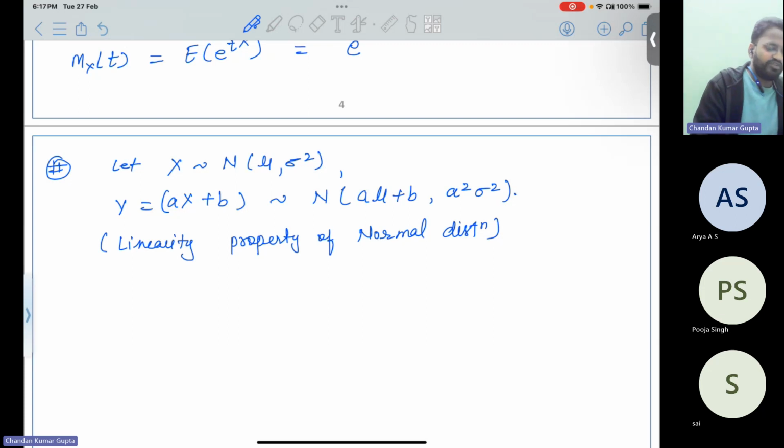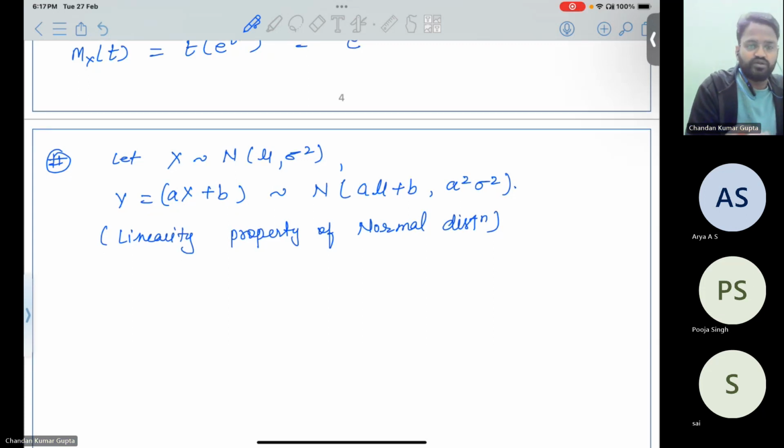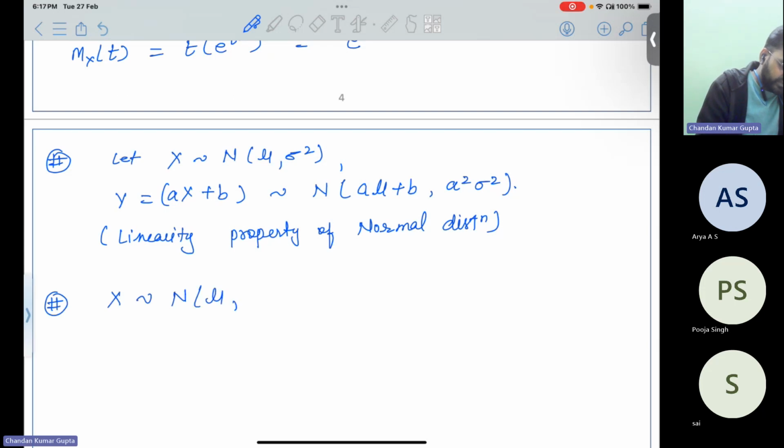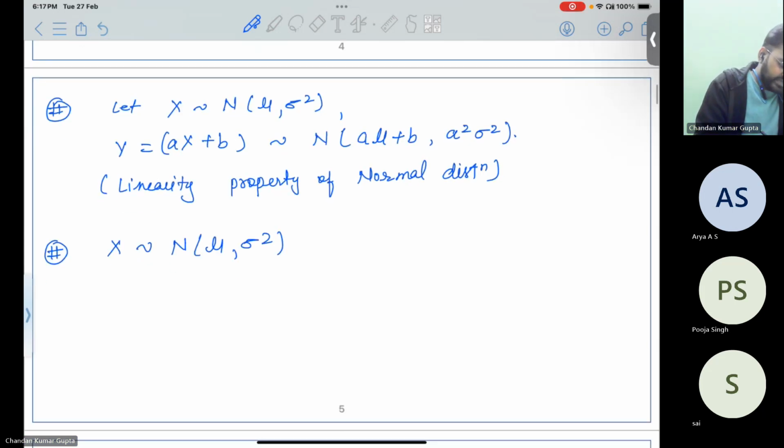Similarly, we will standardize the normal variate. Suppose x follows a normal distribution with mean mu and variance sigma square. So we may standardize the variable like this: Z equal to (x minus mu) upon sigma.